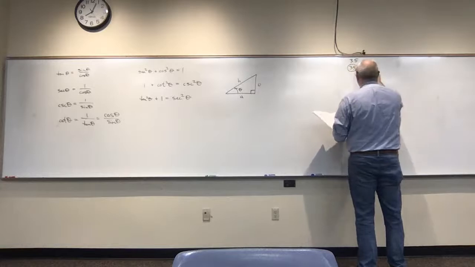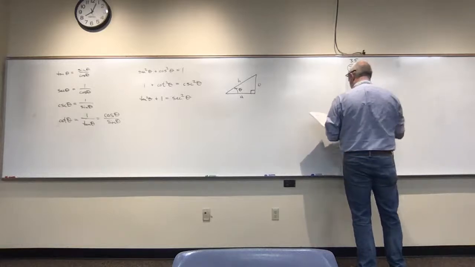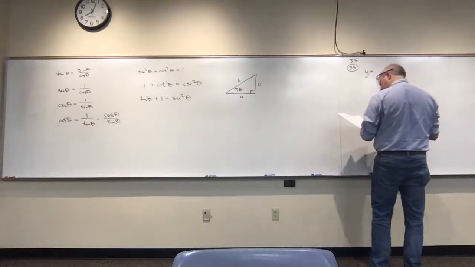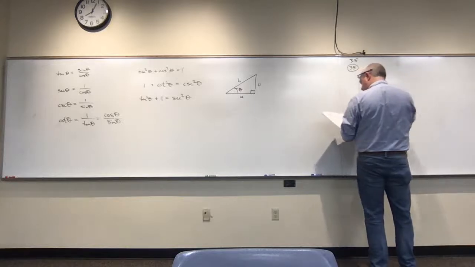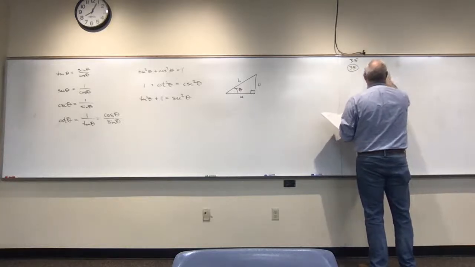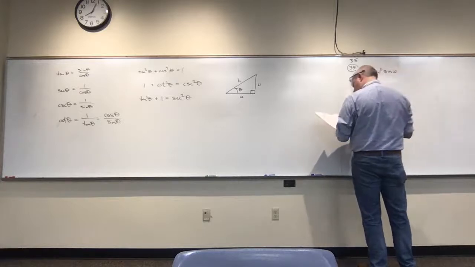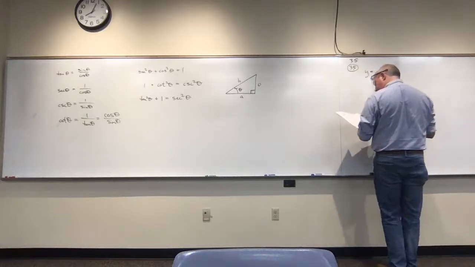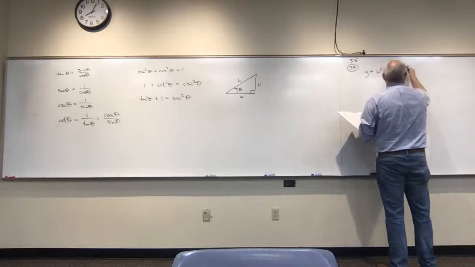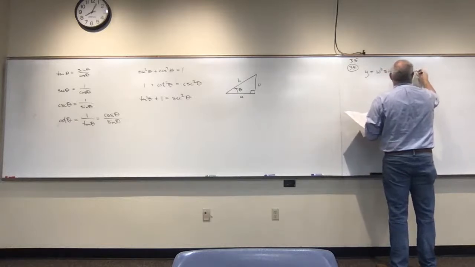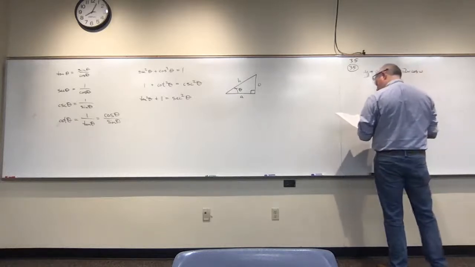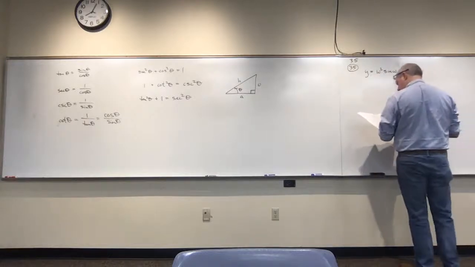So we have y equals w squared sine w plus 2w cosine w minus 2 sine w.